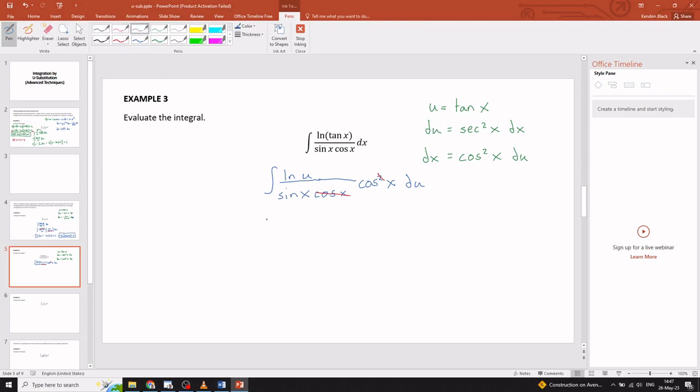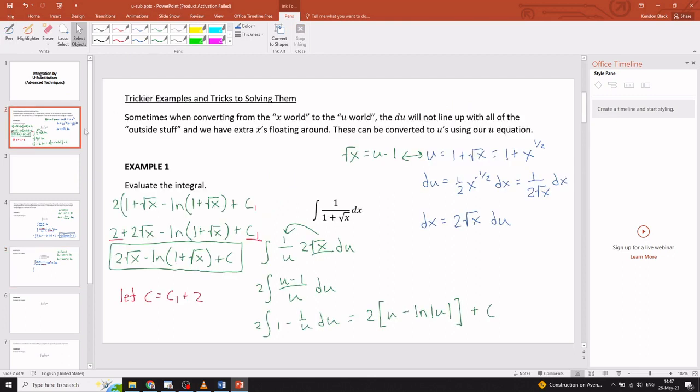So now we have the integral. And we want to be a little bit careful how we write this. We have ln u, and then we have cosine over sine. And if you remember back to the first example, we wanted to use our u equation to take care of the outside stuff that wasn't accounted for.